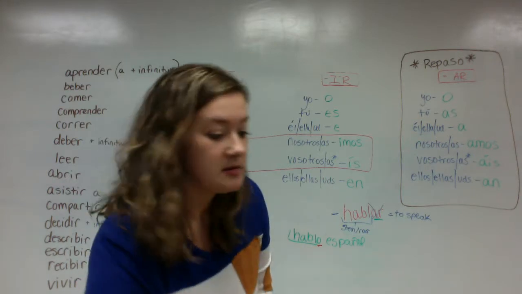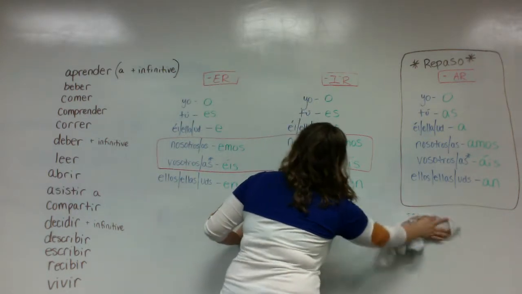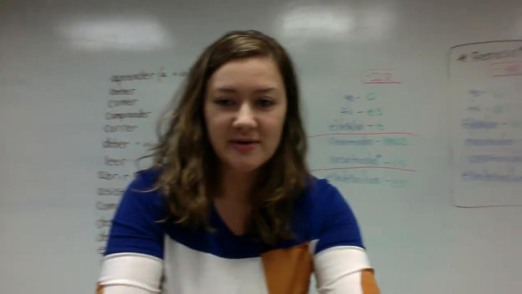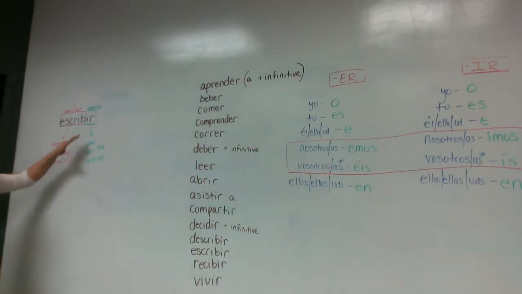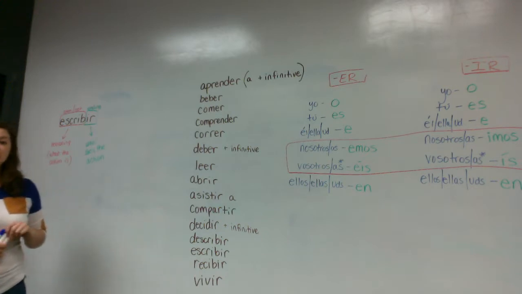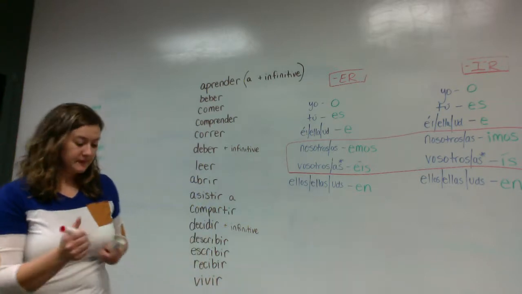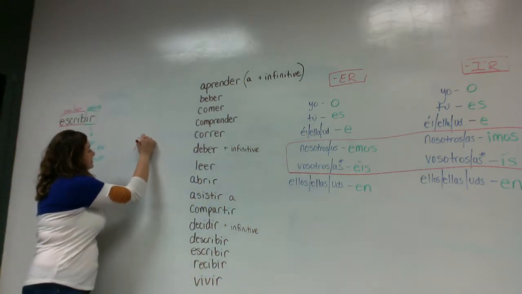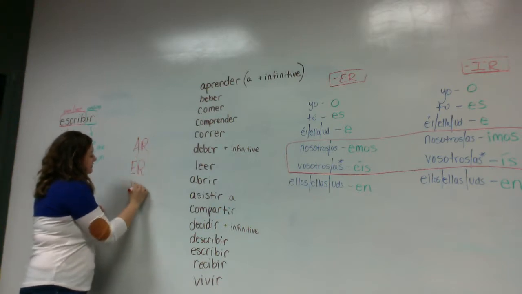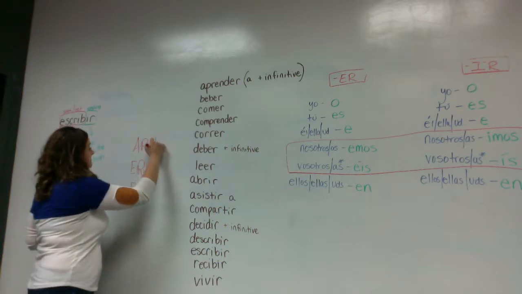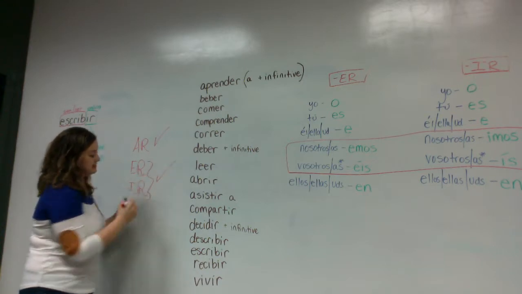Okay. So now that we did that, we're going to do that same thing with our ER and IR verbs. Right here we have escribir, which is one of our IR verbs. And in Spanish, we've learned already that there are three kinds of verbs that we're always going to see for now. We have the AR ending verbs, the ER ending verbs, and the IR ending verbs. We've learned the AR ending verbs. Now we're going to learn both the IR and ER.